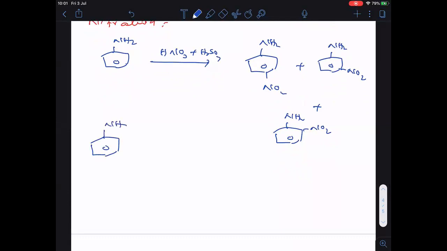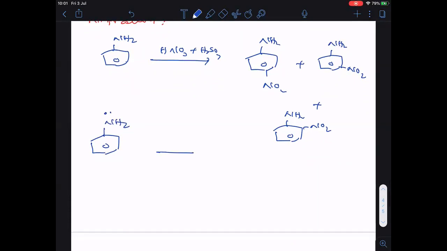So this is the aniline, nitrogen carries a lone pair, and HNO3 and H2SO4 are acids. Acids will liberate H plus ion. So nitrogen will donate its lone pair to the H plus ion. After donating, what you will get here is this one. What is the name of this one? This is called the anilinium ion.